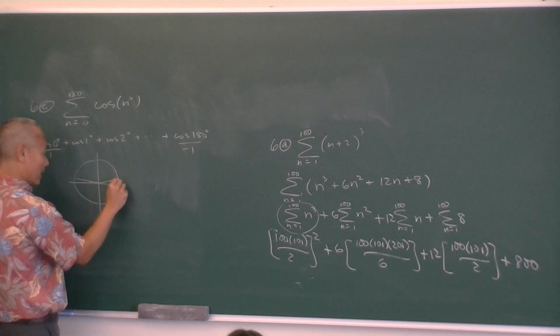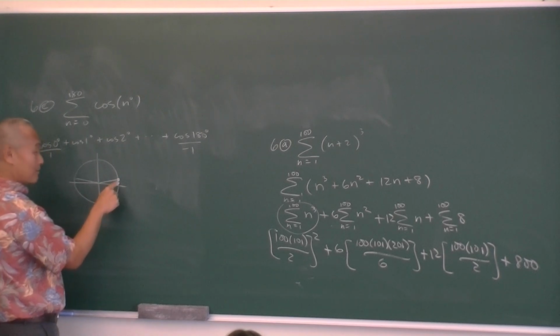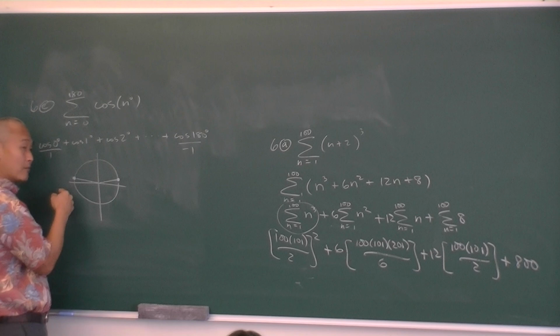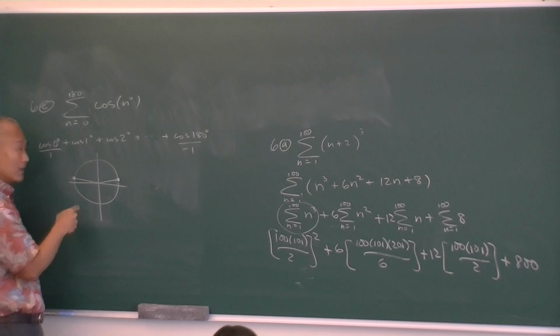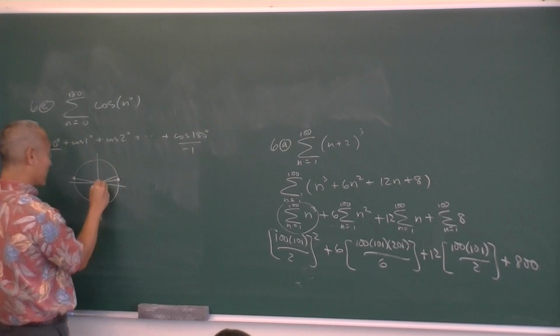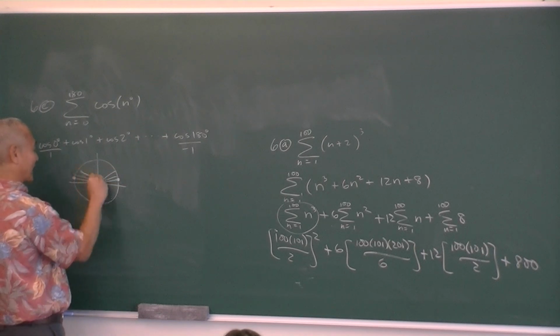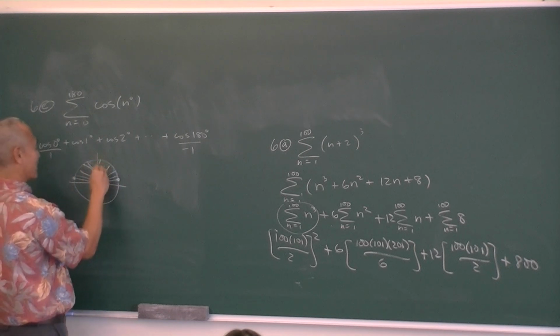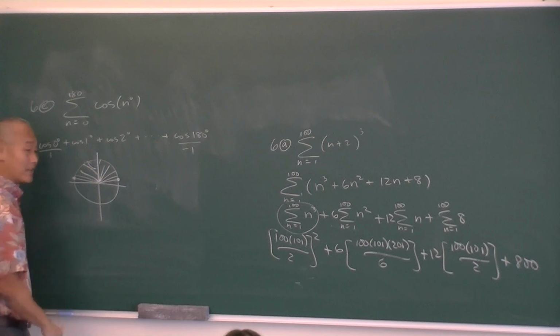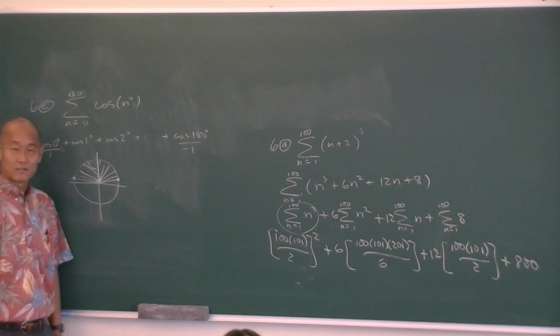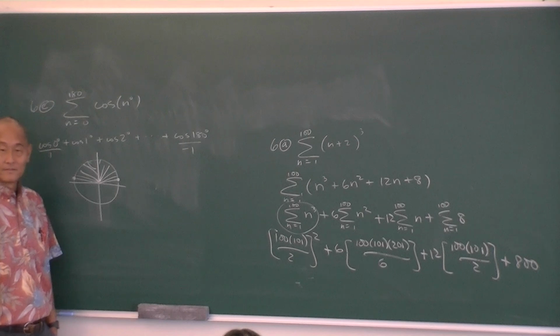It's just that the x-coordinate of that point is positive, but the x-coordinate of that point is negative, so aren't they going to cancel out? So by the same reasoning, 2 degrees is going to cancel out 178 degrees, right? And they all cancel out. And the only one that's left is cosine of 90 degrees, but that's 0, right? So the answer is 0.